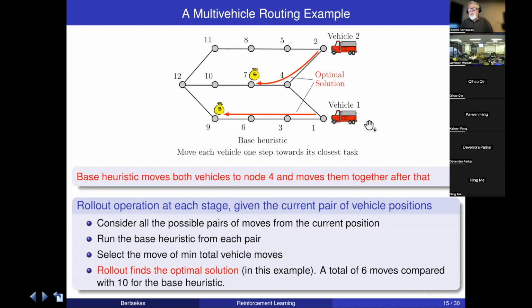And we are going to consider multi-agent rollout, which is different than the rollout I've shown here, and show later in a few lectures from now that multi-agent rollout performs much better in terms of the number of required moves relative to this all at once type of rollout approach.